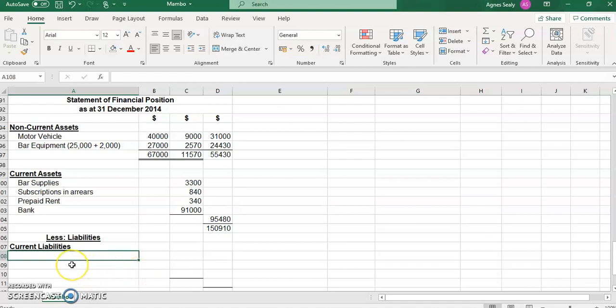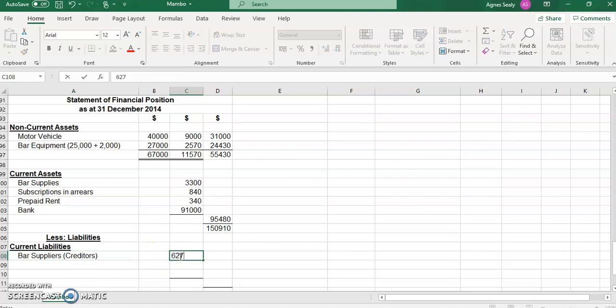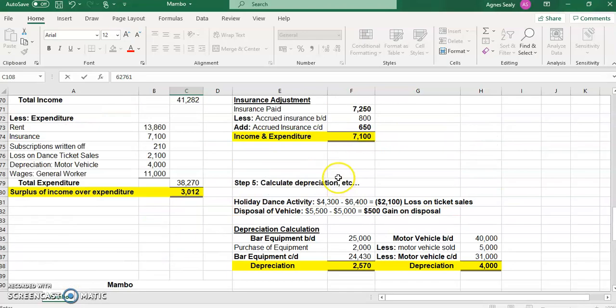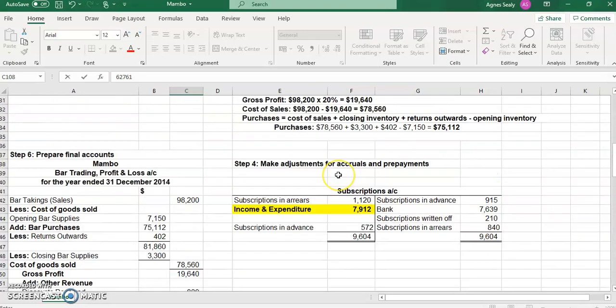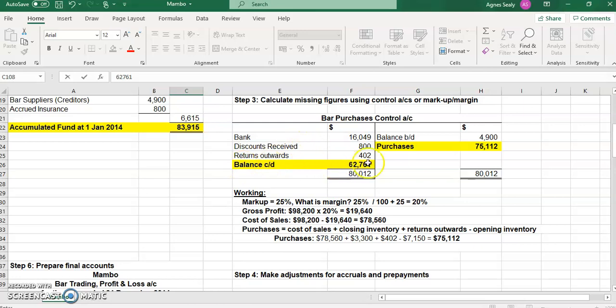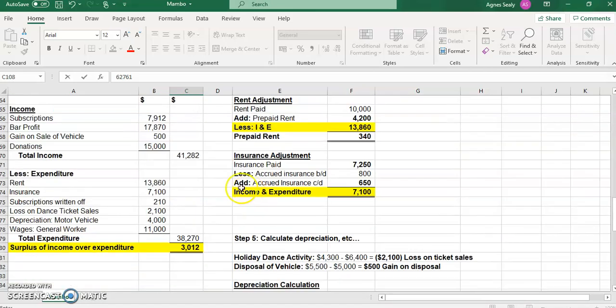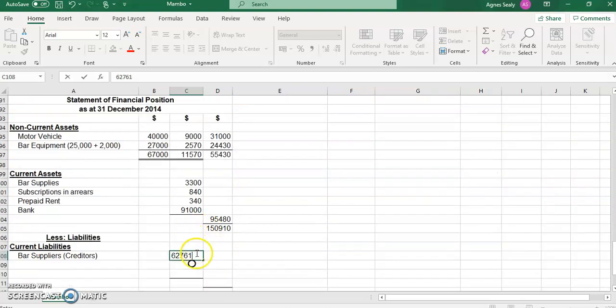So let's look at subtracting our liabilities. So our liabilities would be our bar suppliers, which are creditors. So I can put here creditors. And our bar suppliers were $62,761. We would have calculated that here in this account here, $62,761, our closing bar creditors.